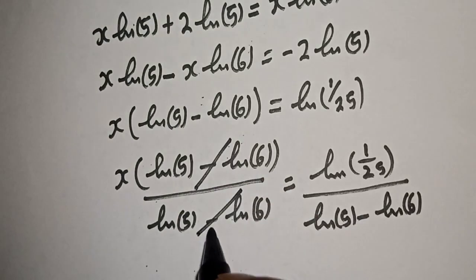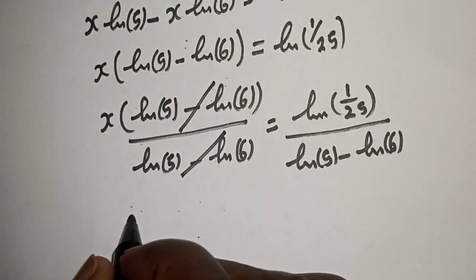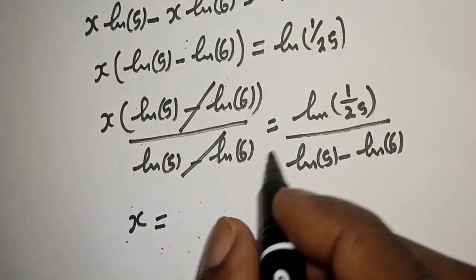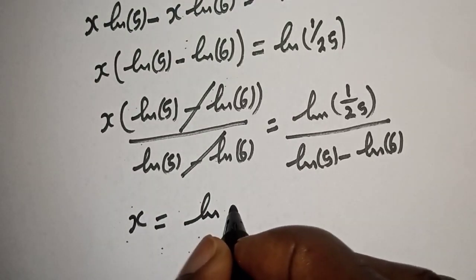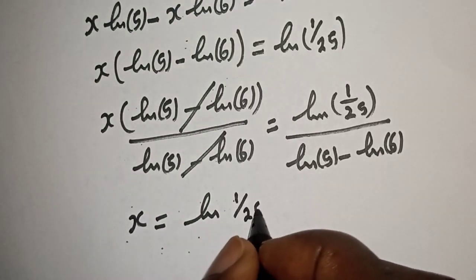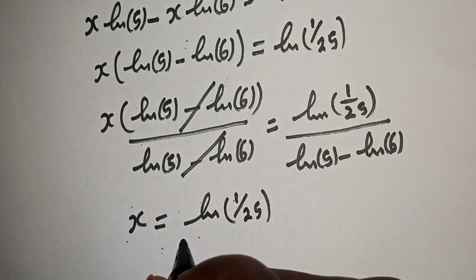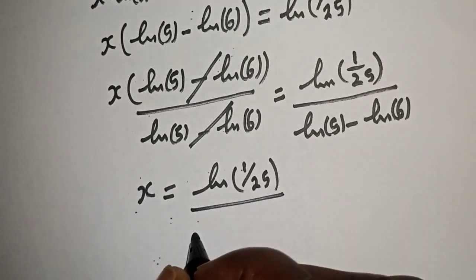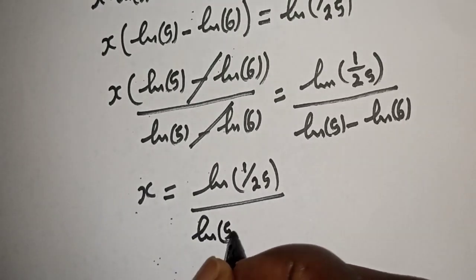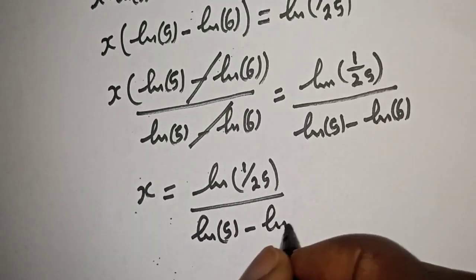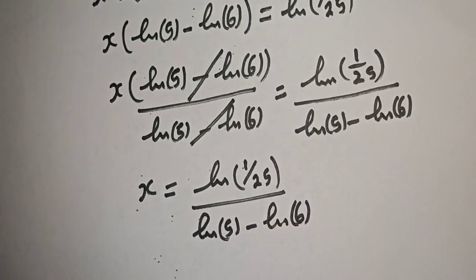This will cancel this. x is equal to natural log of 1 over 25 divided by natural log of 5 minus natural log of 6.